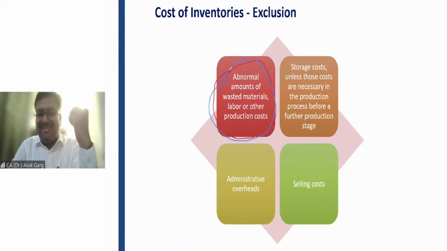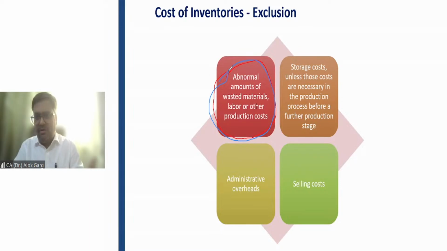When Tata Motors is into the manufacturing of cars, there are huge amounts of labor involved in the plant, and the labor went on strike. Due to the strike, the production was hampered for 3 months. So it is an abnormal amount of waste of material and labor, right? This abnormal cost should not form part of your cost of inventory, and it has to be taken to the P&L.